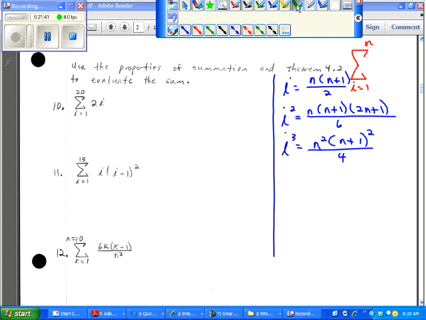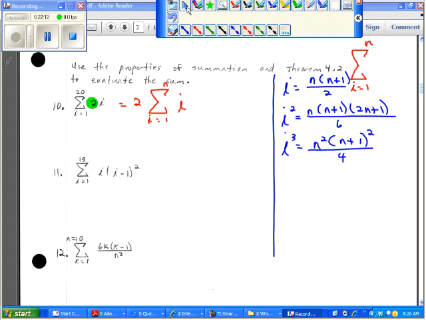We know that the summation of a constant times our variable is equal to the constant times the summation of just the variable. Excuse me, that's to 20.